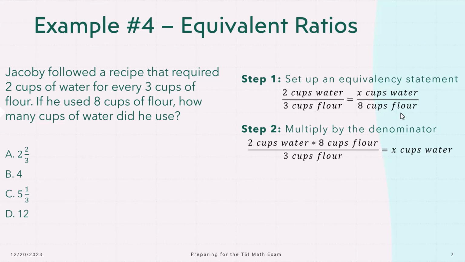So to solve this problem, we simply multiply by the 8 in the denominator, and we get 2 times 8 divided by 3, which is 16/3. Now, to simplify 16/3, you divide 16 by 3 and get 5, and you have a remainder of 1, which leaves it as 5 1/3 cups of water. And that's answer C.